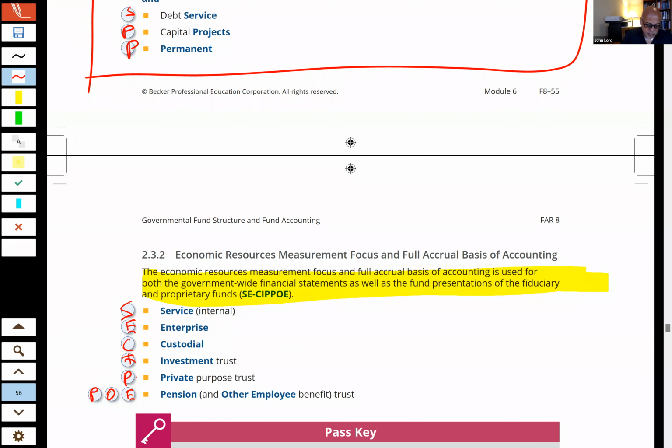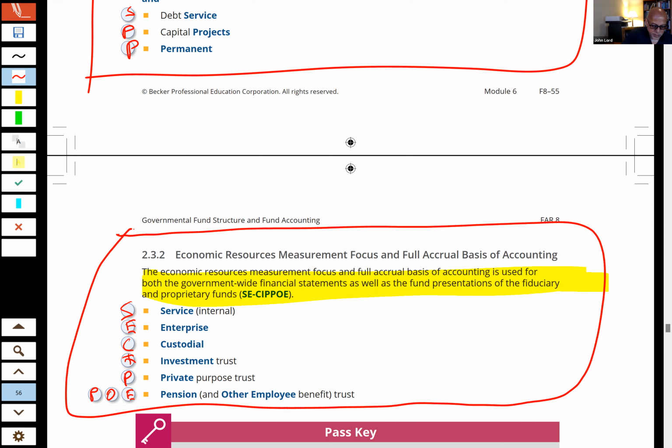GRAS CKIP is the way you remember the funds, and then you remember the categories by having this flashcard. Our proprietary funds are the internal service fund and the enterprise fund. Our fiduciary funds are the custodial fund, investment trust fund, private purpose trust fund, and the pension and other employee benefit funds that really aren't asked about that much. So those are 2 very good flashcards that summarize much of that key stuff that was on those previous pages.